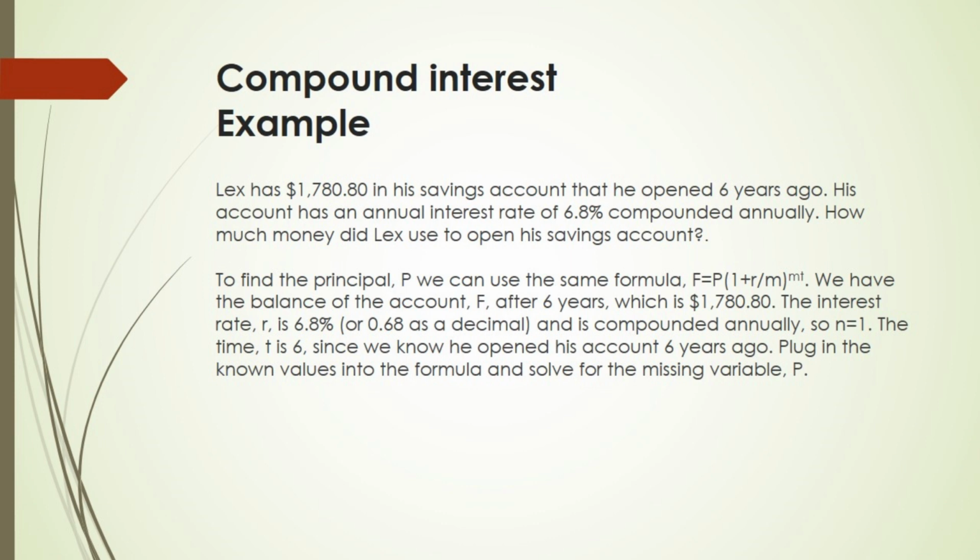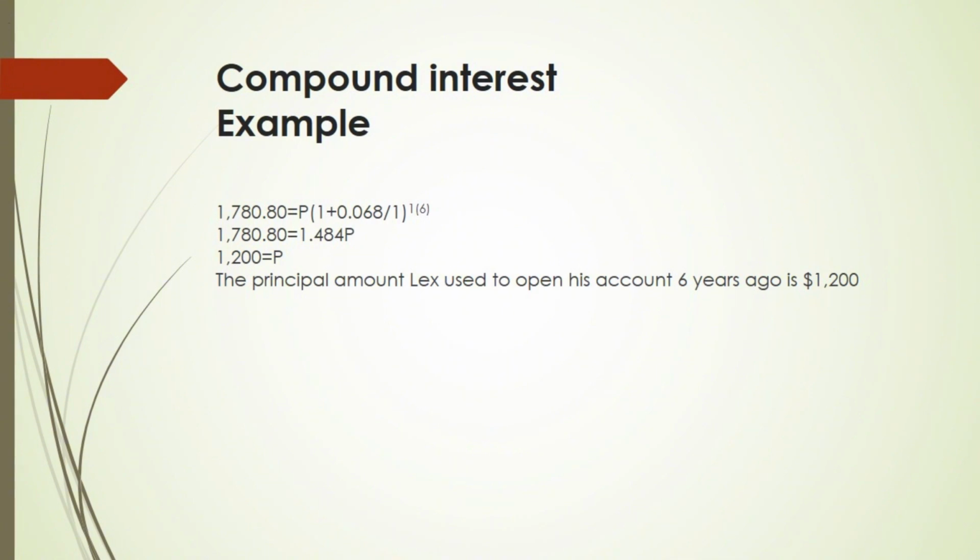The time T is 6, since we know he opened his account 6 years ago. Plug in the known values into the formula and solve for the missing variable P. Hence, the principal amount Lex used to open his account 6 years ago is $1,200.